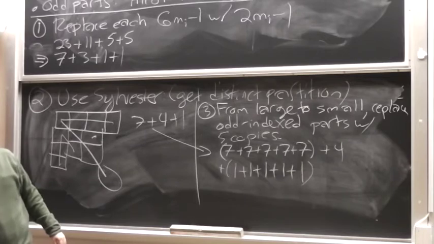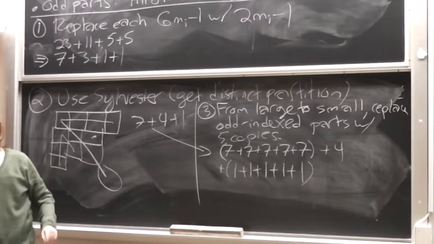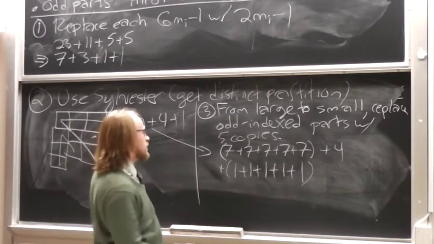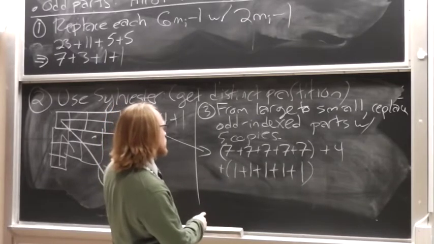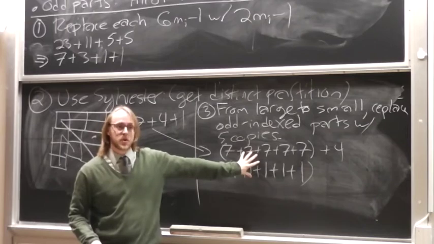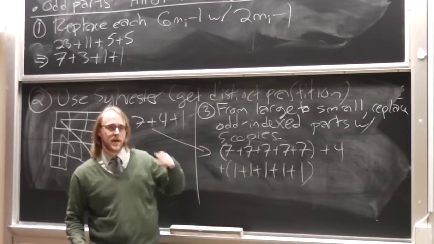Is a hand about to go up? That should be an odd number of parts, right? Just going from the conjugate. Let me clarify what I meant here.